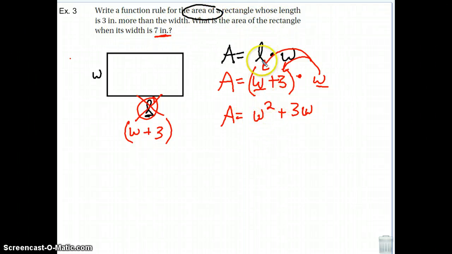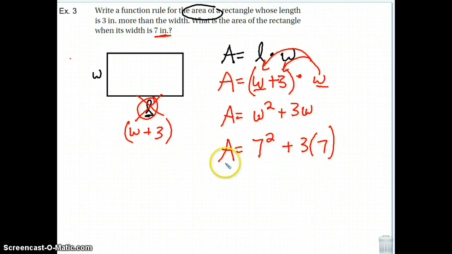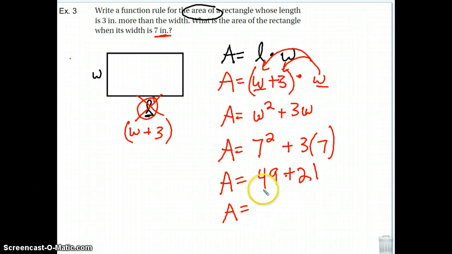Now if I plug in 7 in my function, here and here, that means we have A equals 7 squared is 49 plus 21. A equals 49 plus 21 is 70.